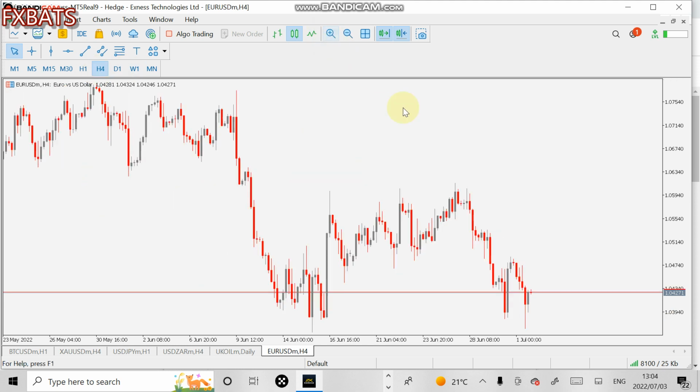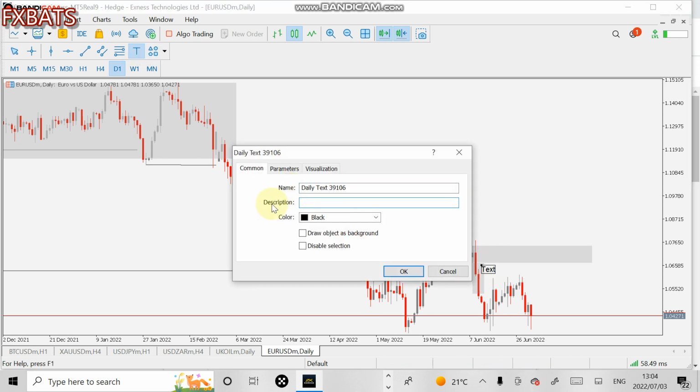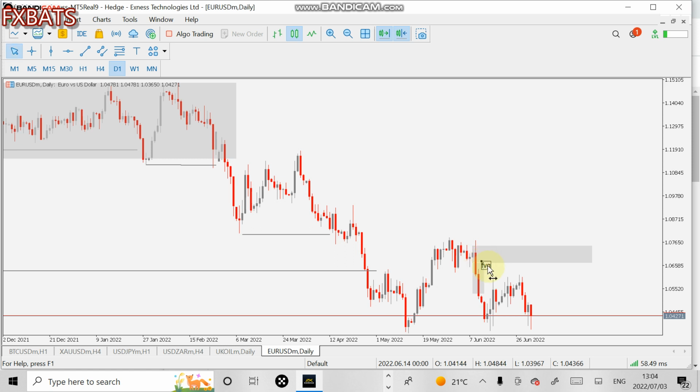What I would do on daily, I have to go first and mark areas where I see the void. Those are the areas where I expect the price to tap to before continuing to sell. Understand? These are the areas where I'll wait for price to tap before continuing to drop.